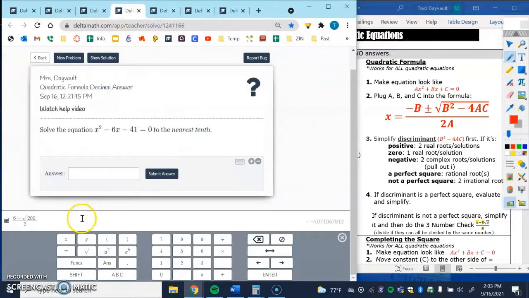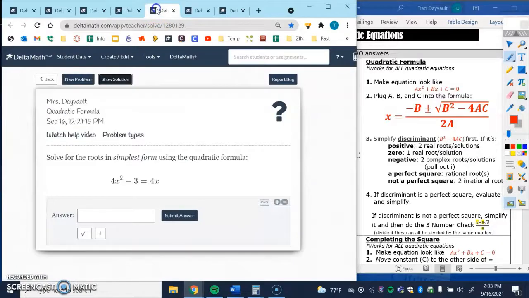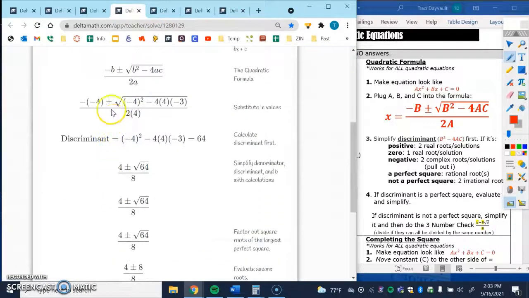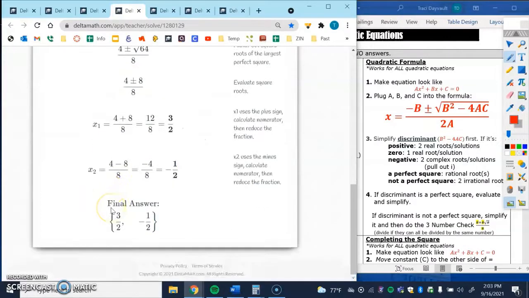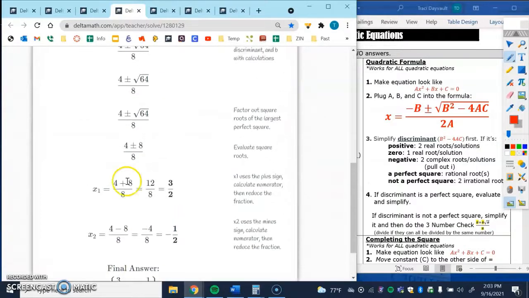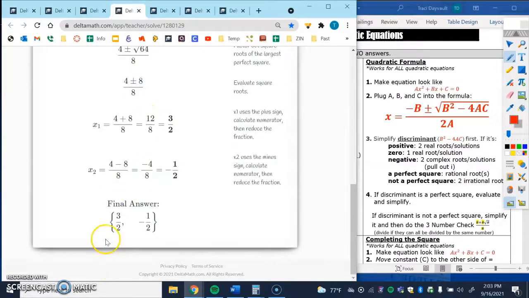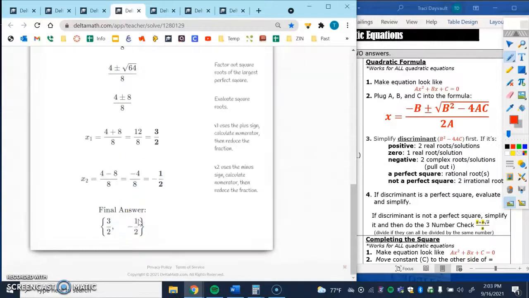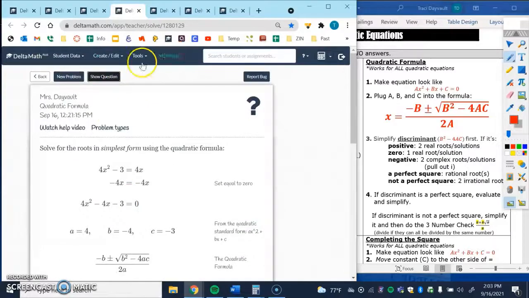And if that's the case, you type into the calculator and see what the ugly decimals are. But keep in mind that you're going to have two answers because of the plus or minus. Sometimes, if the discriminant is a perfect square, you might have two pretty regular number answers. Okay, but always look at finding the discriminant first and then going from there.